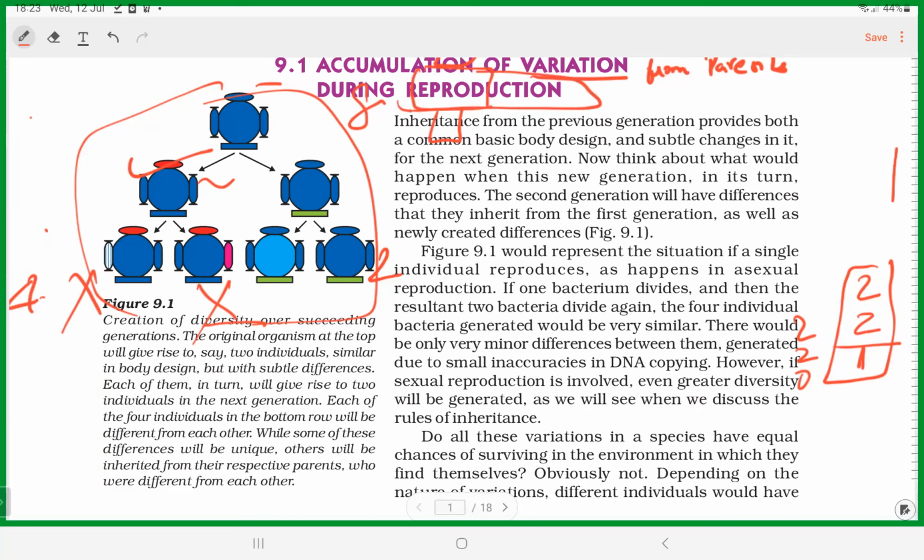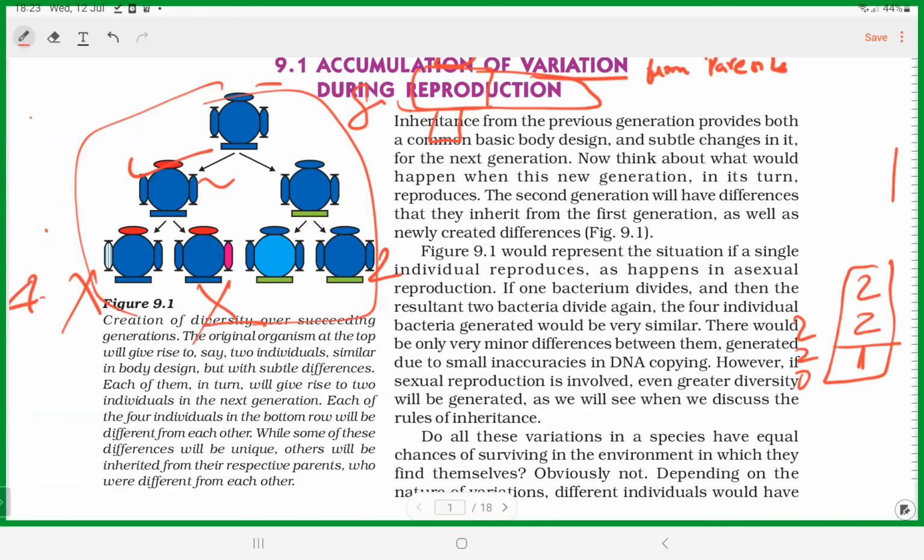What are the external factors which cause variation? UV radiation. Ultraviolet radiation, and the very different kinds of radiation in sunlight.